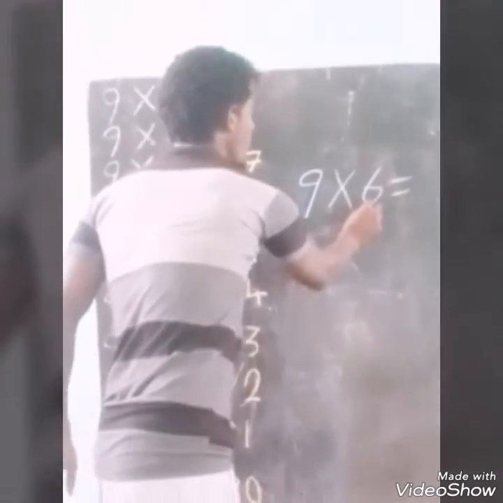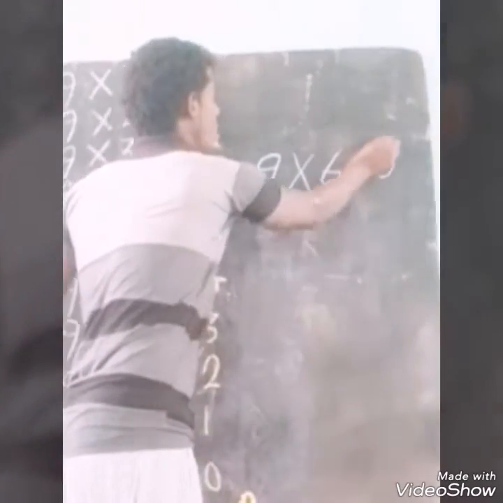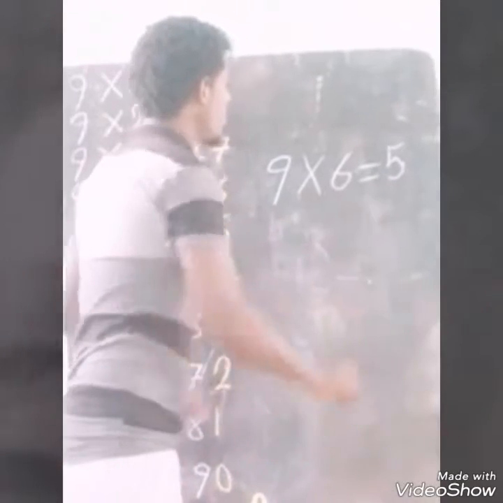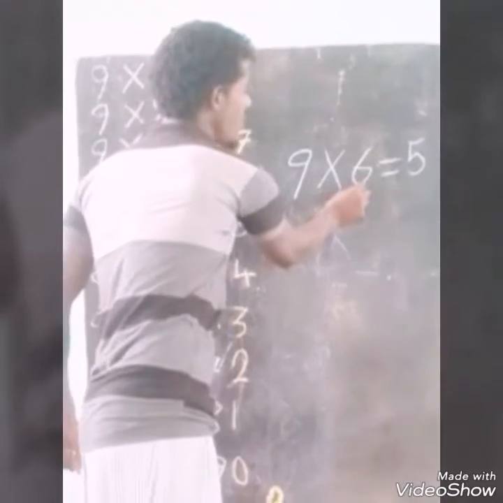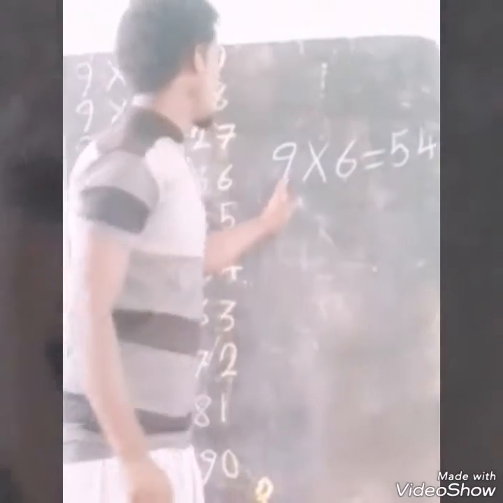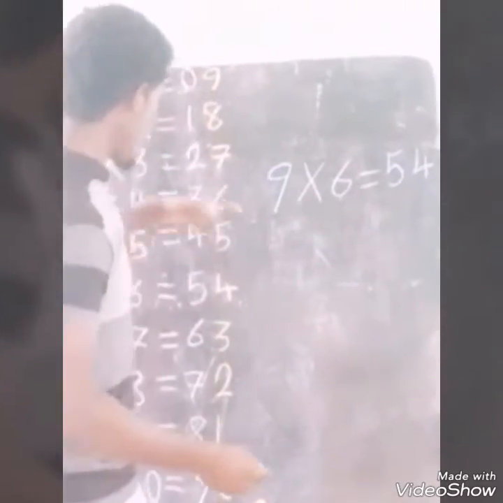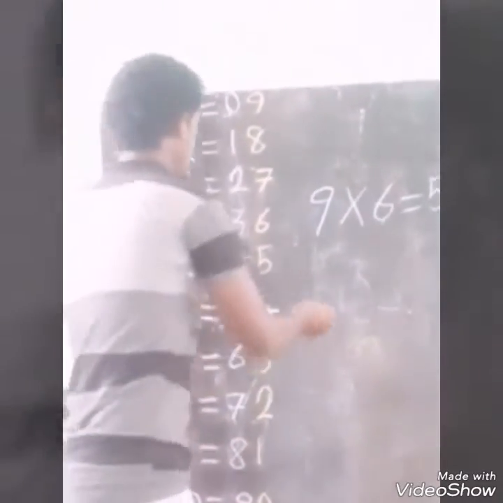So I'm going to minus 1 from this number, 5, and complete this number to 10. How many remain for this number to be 10? 4. 9 times 6, 54. Let us take another example.